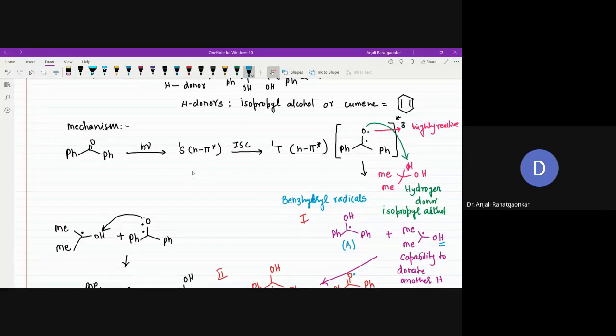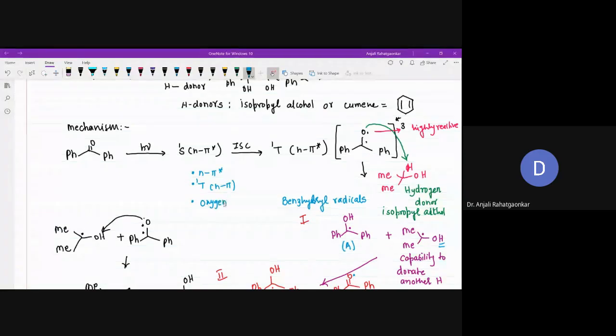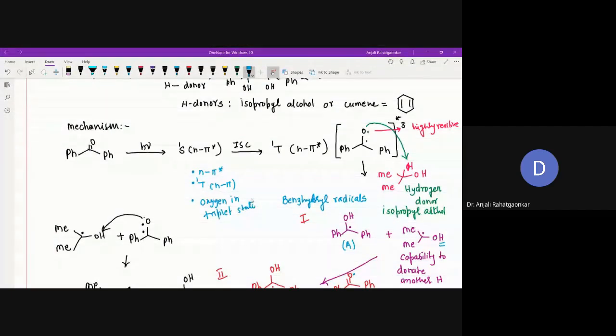The first factor is n-pi transition is very important. Similarly, the triplet state of the n-pi transition and the oxygen in the triplet state. So these are the three important factors which are responsible for the abstraction of hydrogen.